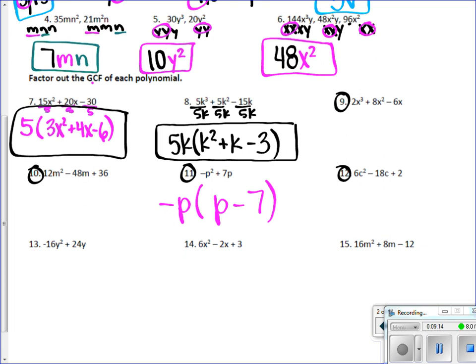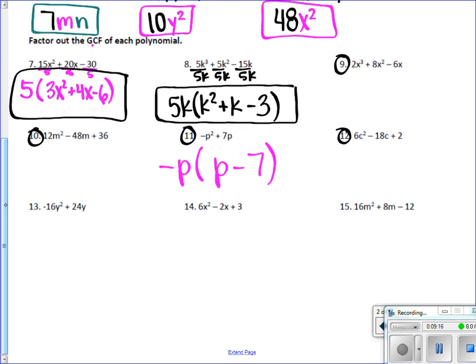On number 13, what's the number that you both have in common? 8. Right. And they both have a y in common? I would take out the negative on this one too.